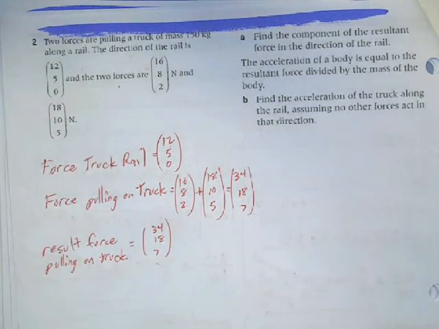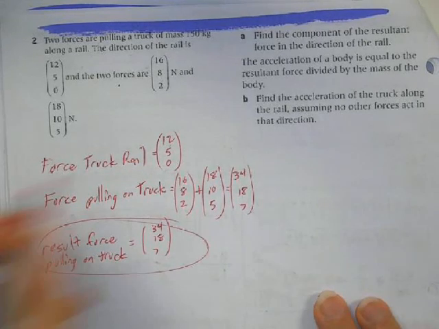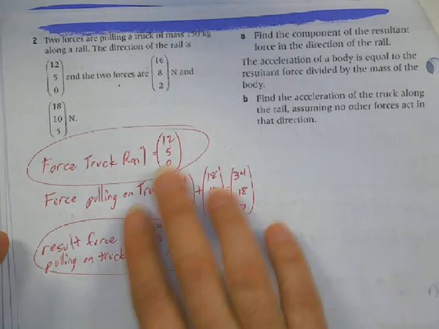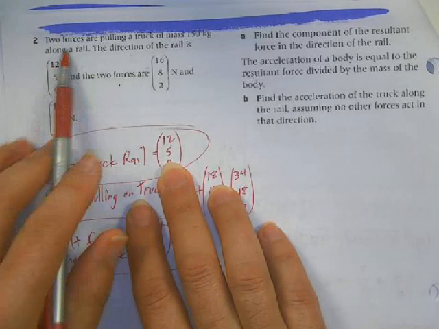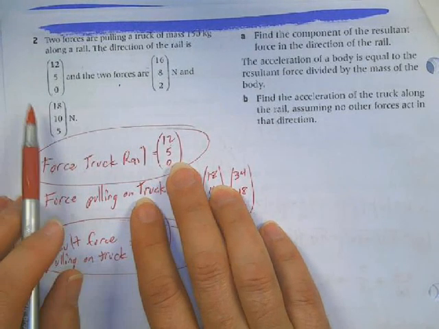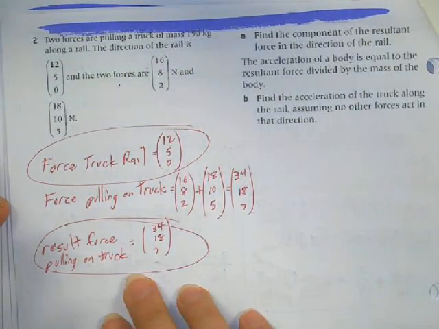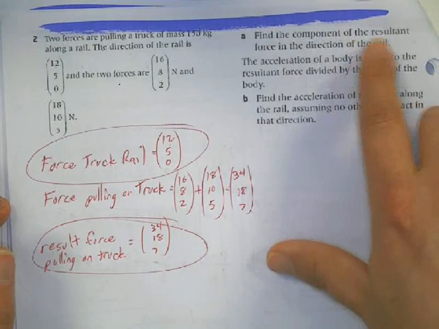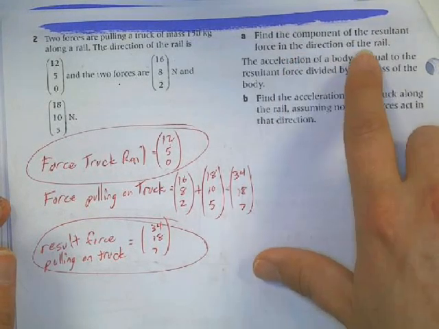Okay, so these are my two vectors. The two forces pulling on the truck, the direction of this is the force of the rail, and this is the force on the truck. Find the component of the resultant force in the direction of the rail.